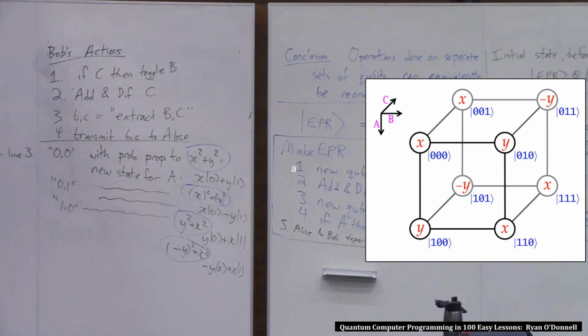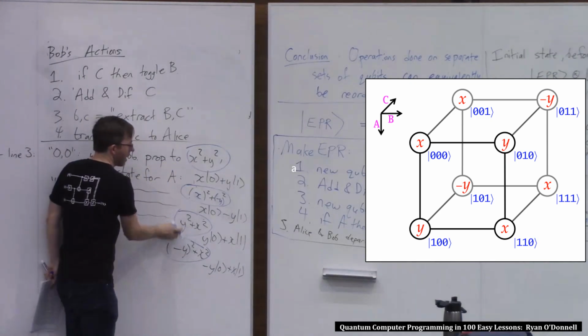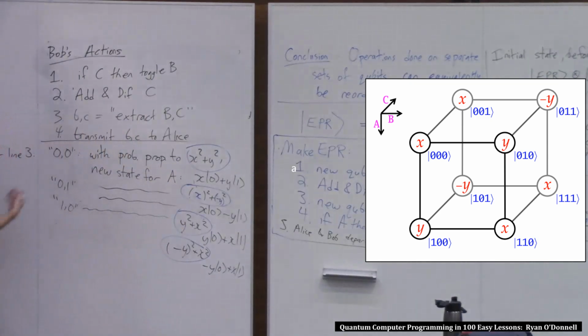The sum of the squares is going to be x squared plus y squared. So these four circled quantities are all the same. And therefore you don't even have to figure out the constant of proportionality because it's equal probability, 1/4 for each of the four outcomes.